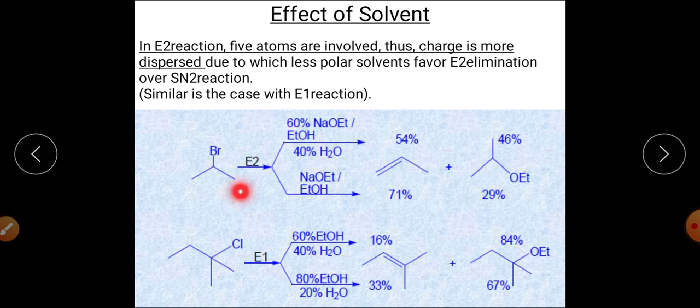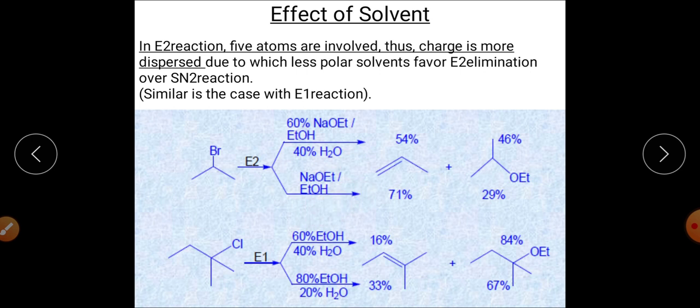You can see on the screen this is your alkyl halide, a secondary alkyl halide you have taken, and we are observing the E2 elimination reaction. You can see that these are the conditions. This is the condition in which we are taking 40% water, and here there is no water molecule at all.